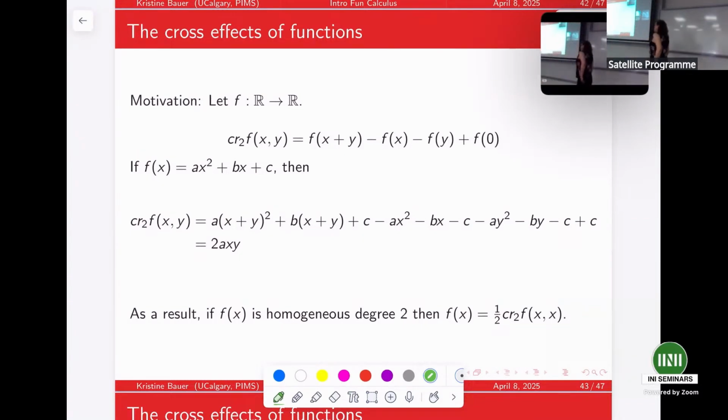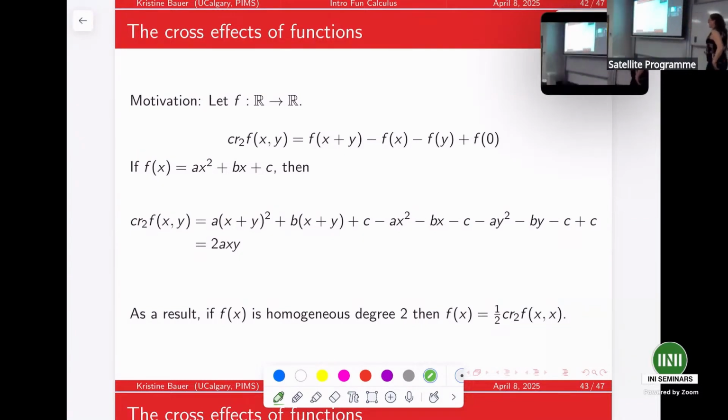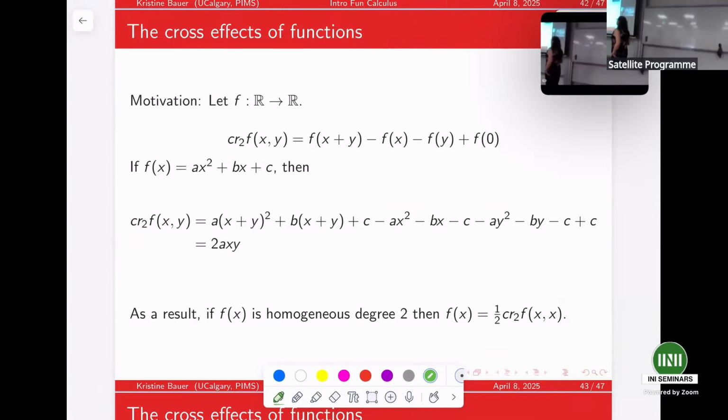Okay, so as a result, when you work out what that is, if you started with a homogeneous degree 2 function, then you can completely recover that function from its cross effect. A degree 2 homogeneous function has the property that it's equal to 1/2 the cross effect evaluated at the same variable twice.